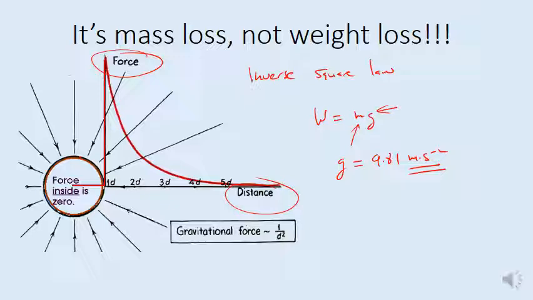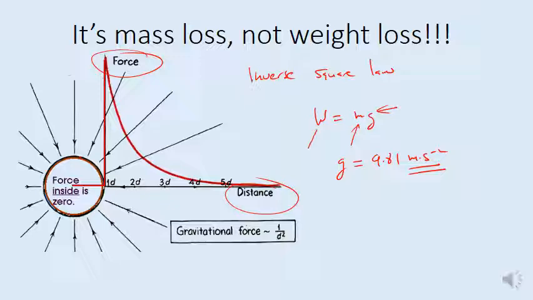So bodies falling under the influence of gravity alone will accelerate close to the surface of the Earth at 9.8 meters per second squared. Now, to calculate your weight is very simple. If you're 100 kg, the stuff that you're made up of, multiply that by 9.81 meters per second squared, and that will give you the weight.